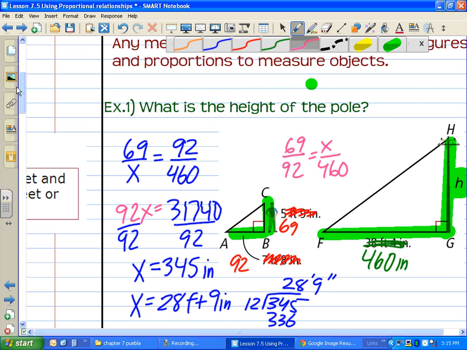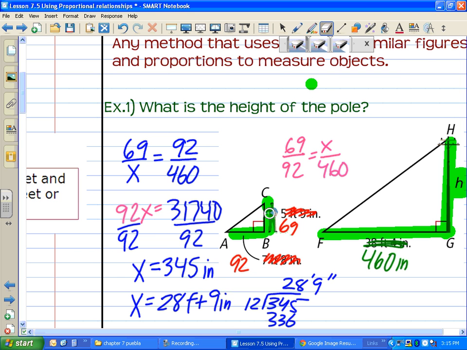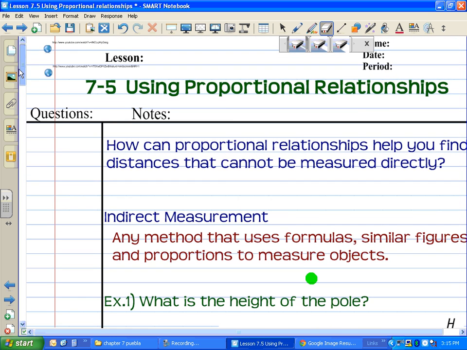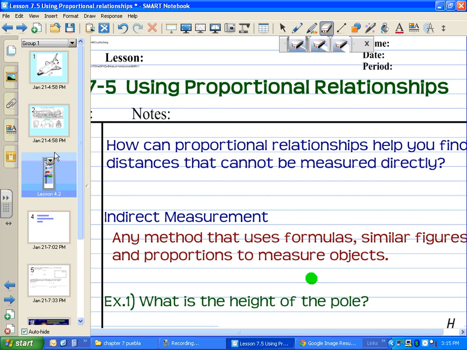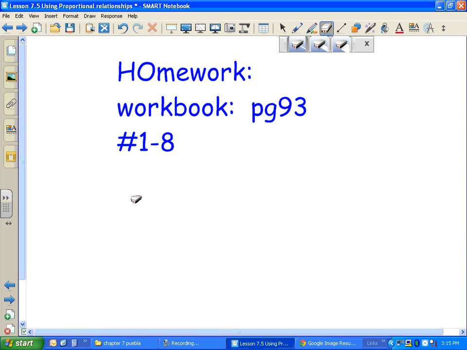And you learned how to find something indirectly. For example, if you didn't know the height of a pole, we were able to find out what it was without actually measuring how tall the pole was. We used a proportion.